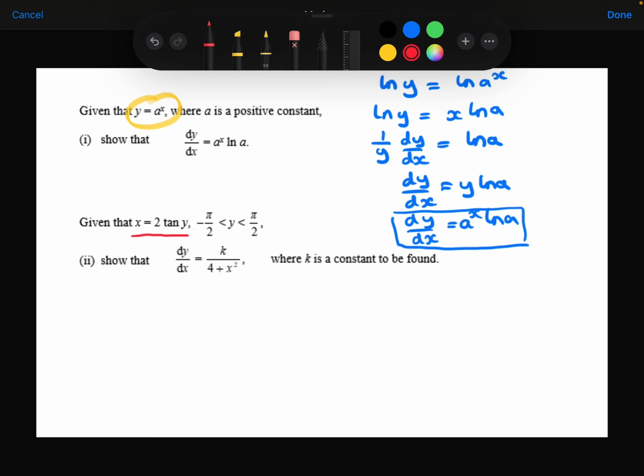So I will get dx by dy, and differentiating 2 tan y with respect to y, I'll get 2 sec squared y. Doing the reciprocal now, I'll get dy by dx is equal to 1 over 2 sec squared y.